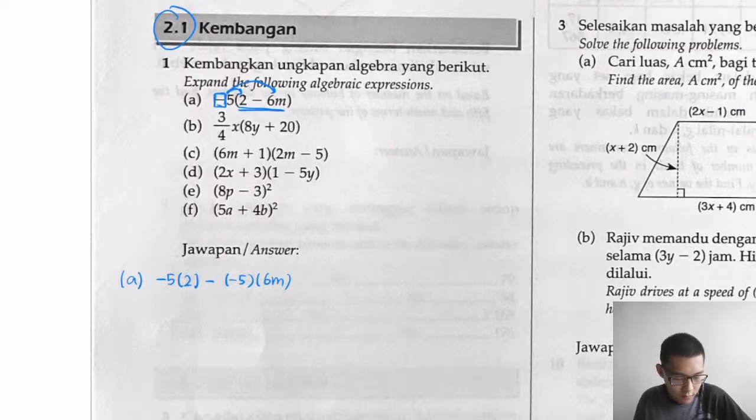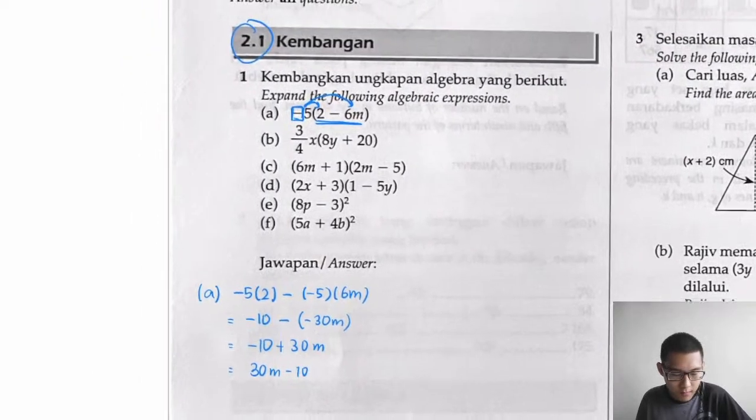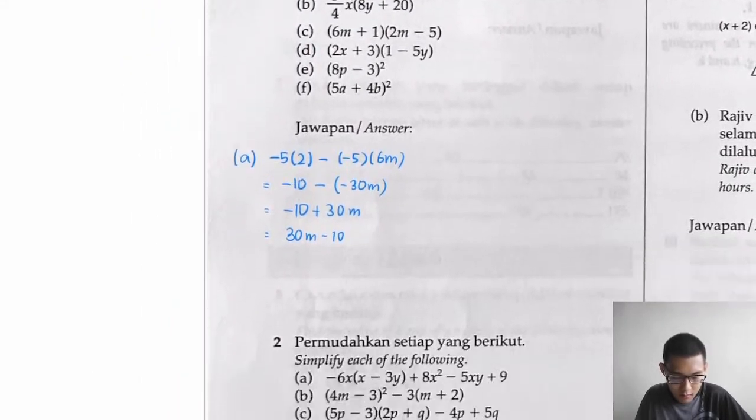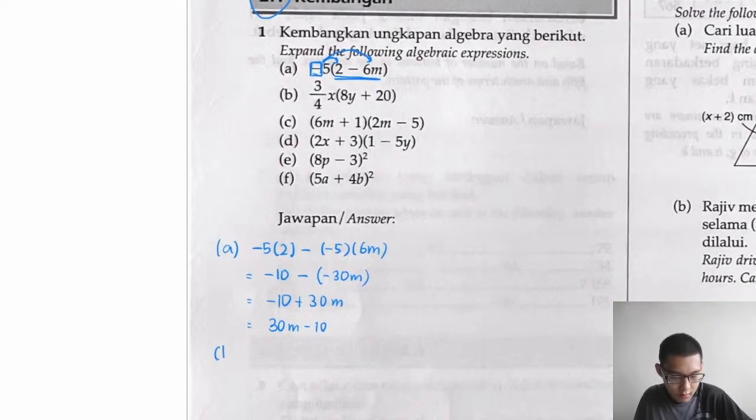So we have -5 times 2, which is -10, minus -5 times 6m, which is -30m. Negative becomes positive, so plus 30m. If you want the positive number in front, you can write it like this also. So the answer is here. I don't have much space to answer the question.